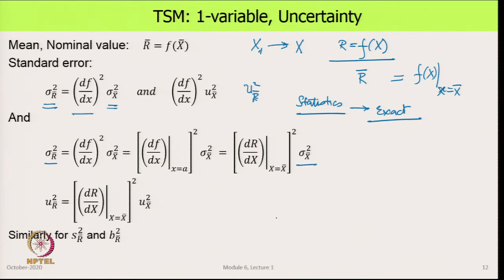I have just repeated what has been written there in terms of the symbols we have been using. So, sigma r bar square is equal to dr by dx at x equal to x bar, whole square, multiplied by sigma x bar square. So, that is the formula that we have been looking for.